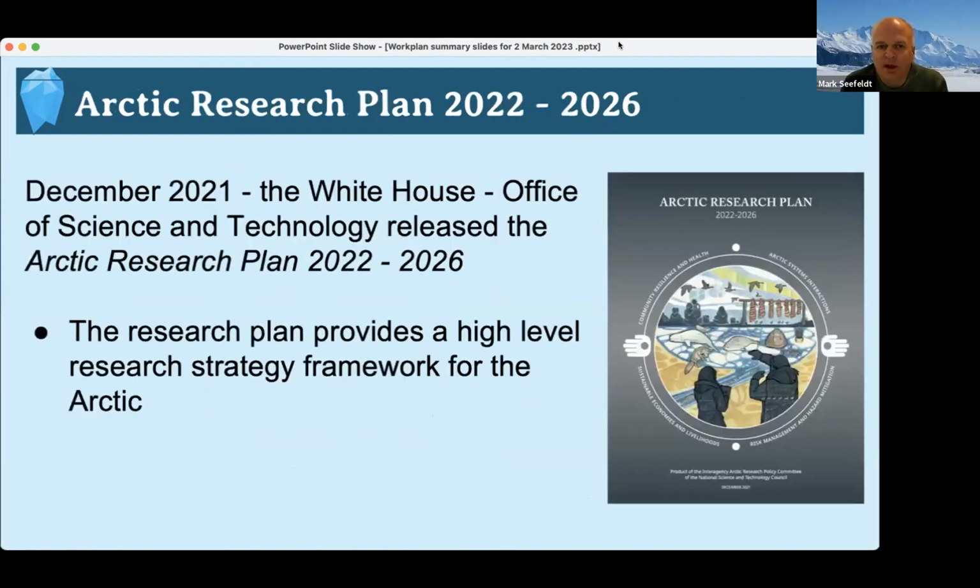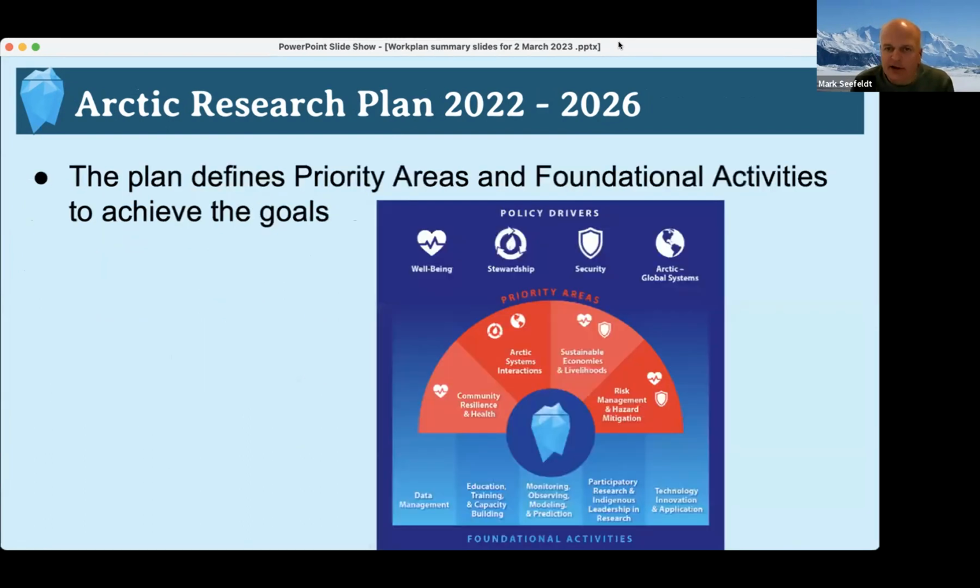So to start with, in December 2021, the White House Office of Science and Technology released the Arctic Research Plan. This research plan provides a high-level research strategy framework for the Arctic. Within the Arctic Research Plan are defined priority areas and foundational activities to achieve these goals.